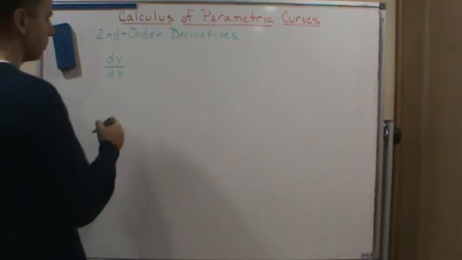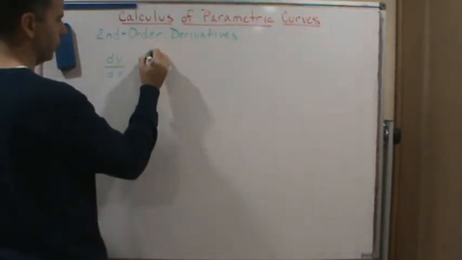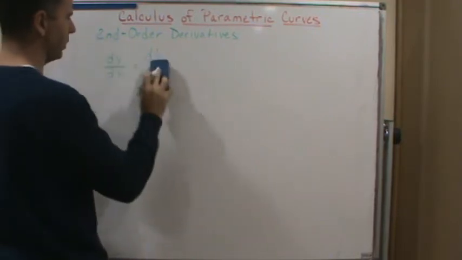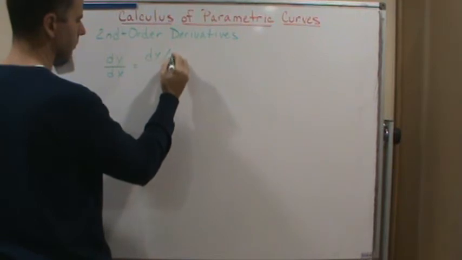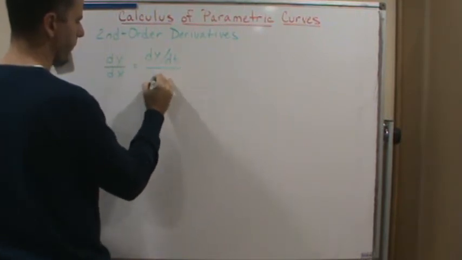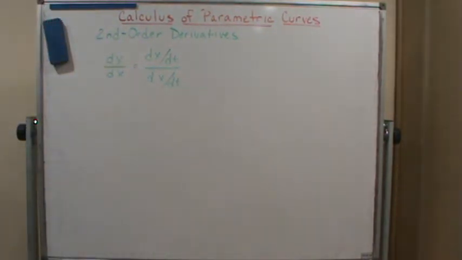And we saw in the theorem that this is equal to dy dt over dx dt. And in the theorem we gave the proof of how we got there.